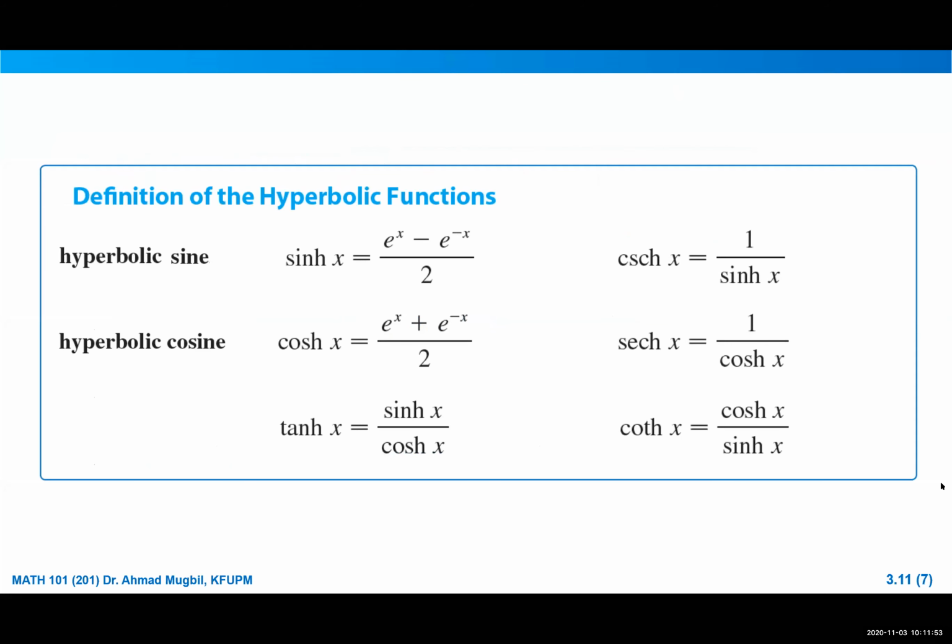So you know, ya shabab, the natural exponential function is e to the power x. When you have a linear combination of these functions, e to the power x minus e to the power negative x all over 2, this function behaves in a specific way that is important.